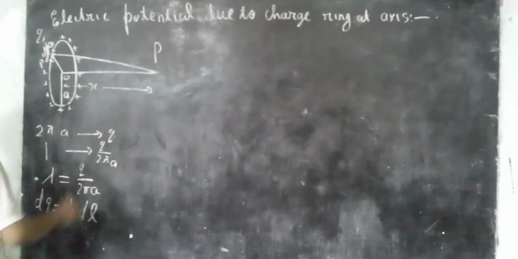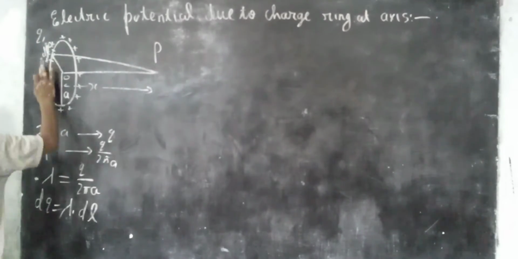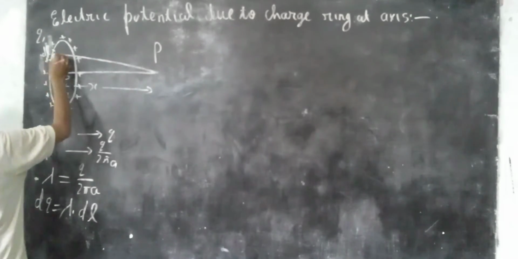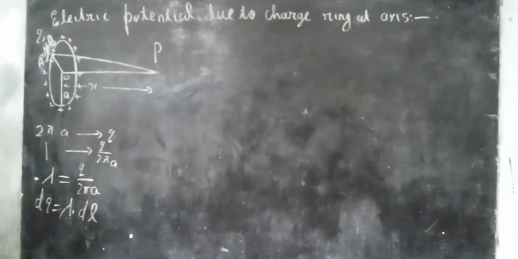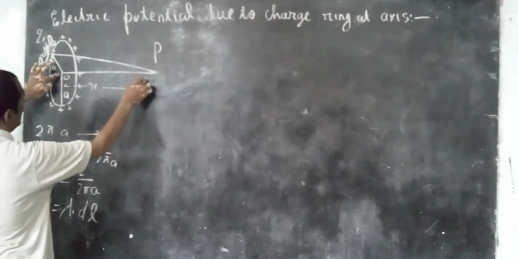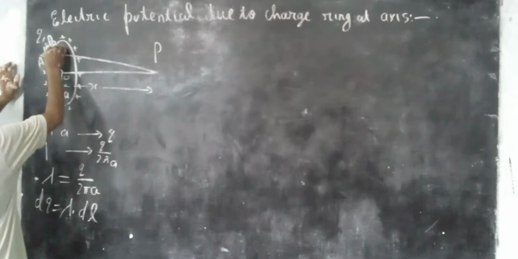What is the distance? Let this be AB. P we have taken, so we take PB. So this is radius a, and this is your axis. This is your tangent.